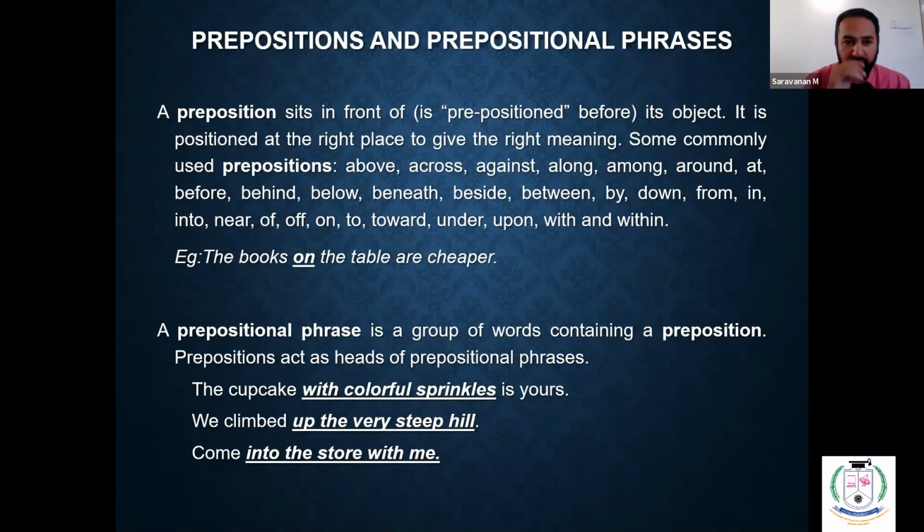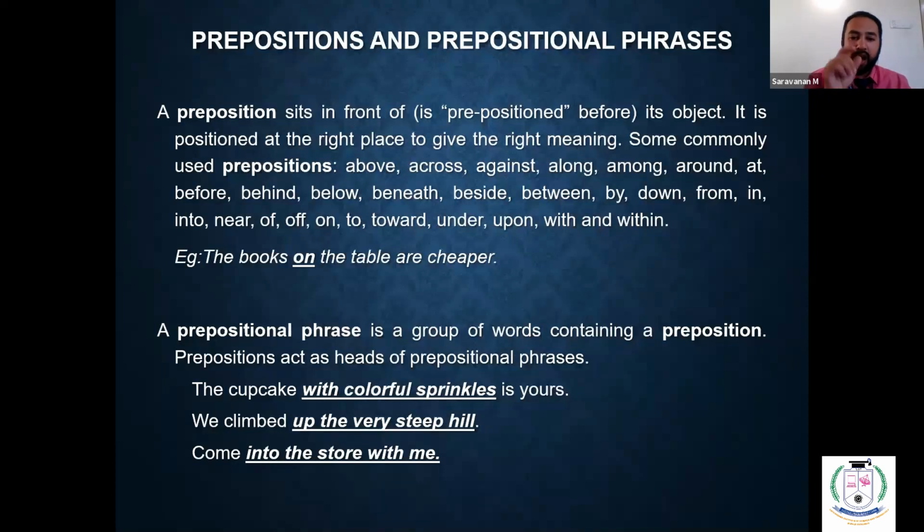Okay, now see here. The books on the table are cheaper. Which books are cheaper? There's a question mark, isn't it? Now we are explaining the books that are kept on the table. The books on the table are cheaper. See the next one. A prepositional phrase is a group of words containing a preposition.